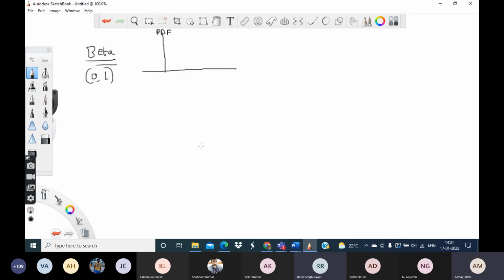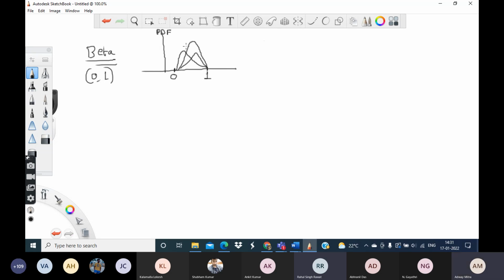So the PDF here, if we want to plot it, let us say I'm plotting the PDF between 0 and 1. You can see, in this case the PDF may look somewhat like this, or for a given set of parameters it will look like this. For another set of parameters it may also look like this, and for yet another set of parameters it may look like this.